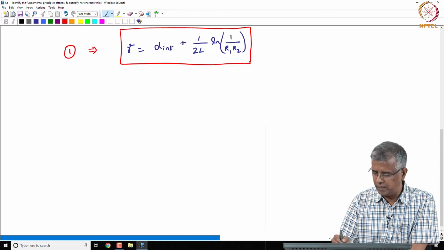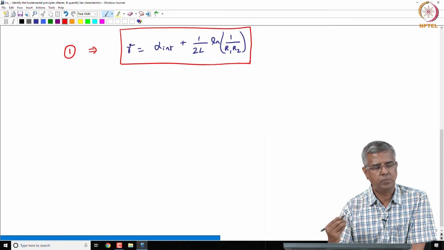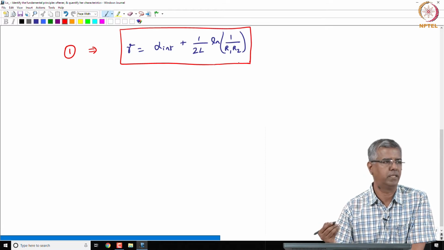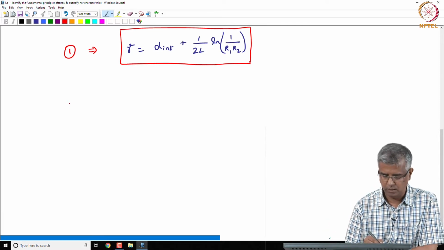Essentially, we are saying that the gain in the cavity has to be sufficient to overcome the losses in the cavity, and that is when you get laser oscillation. Okay. So, that is one important result.